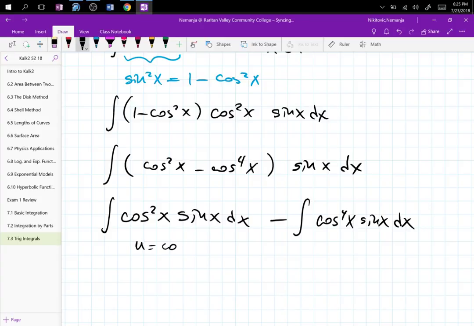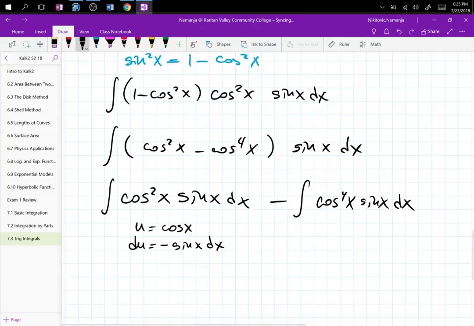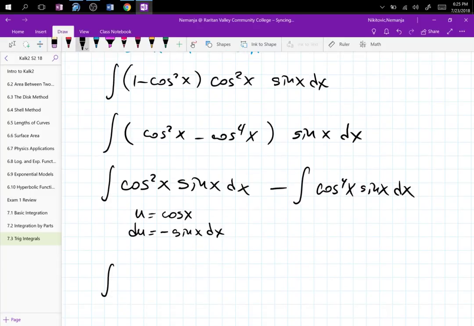U is equal to cosine x, du is equal to negative sine x dx, and we use this substitution to transform this into, the first integral is negative, so negative u squared du, and then plus over here because minus from here and minus from there, it's a plus.